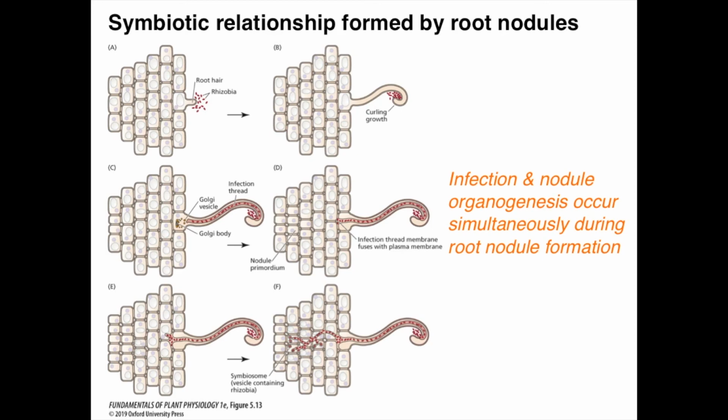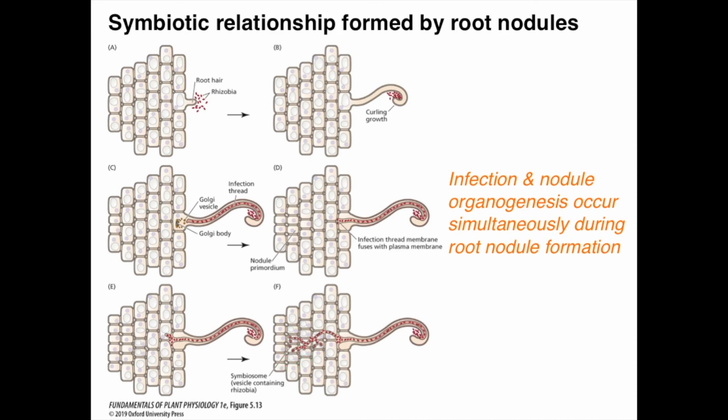Basically what we see are these little vesicles here. They are essentially budding off infection threads within this group of cells. They're membrane bound, they're clusters within this group of plant cells, and each of these will be infected with the rhizobia.